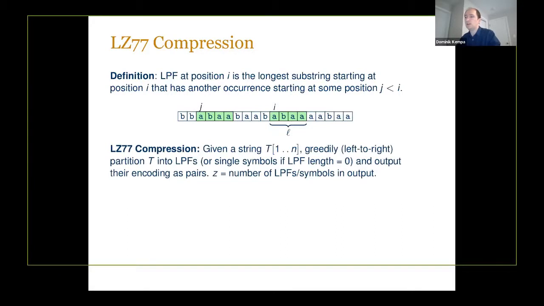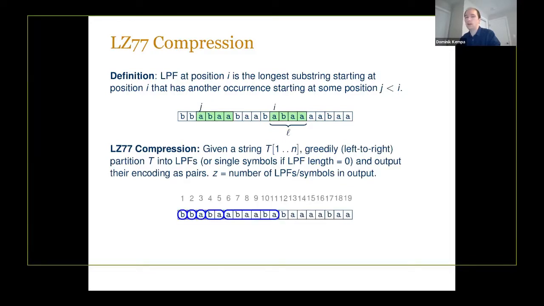And then the LZ77 compression is defined as follows. Given a string T of length n, we greedily, left to right, partition it into LPFs, or single symbols if the LPF length is 0, but that's a special case. And then once that partitioning is finished, we output the encoding of each LPF or a single symbol as a pair. And by Z, we denote the number of pairs in the output. So let's look at the example.